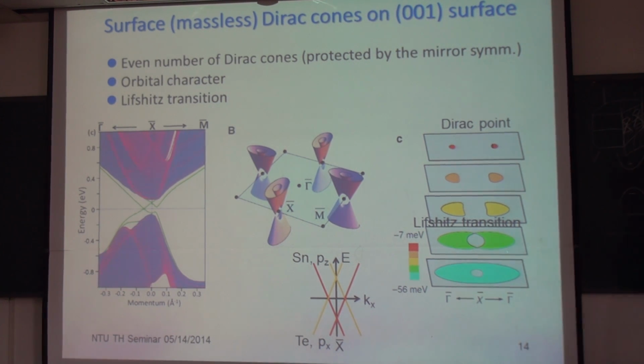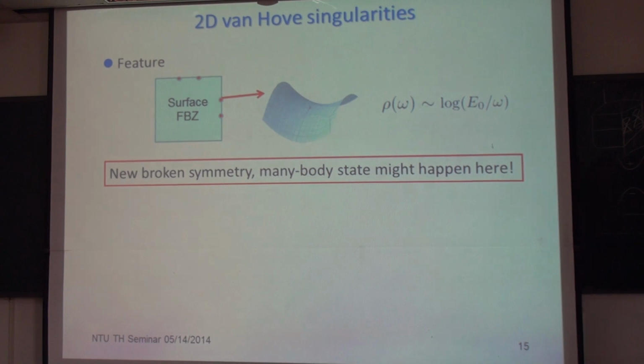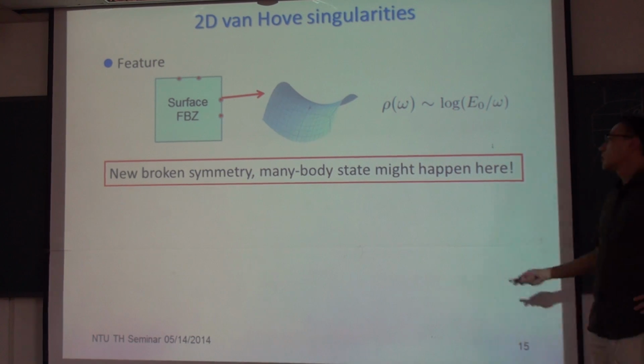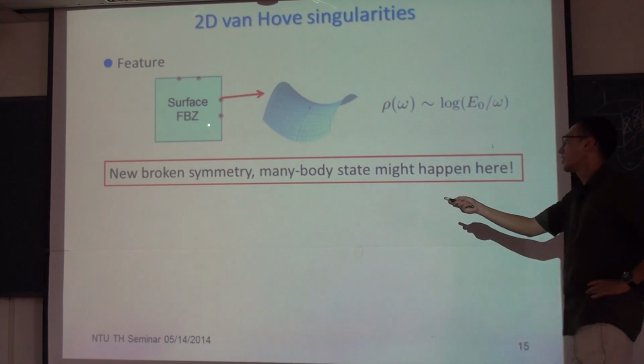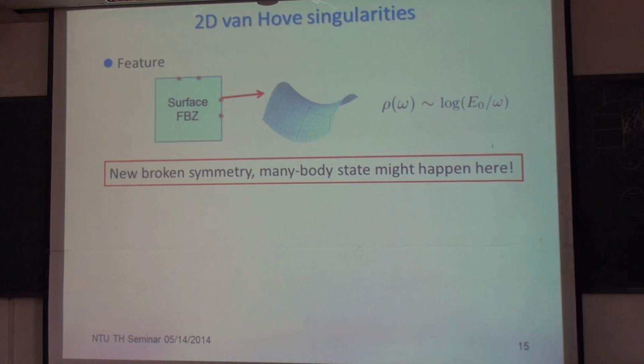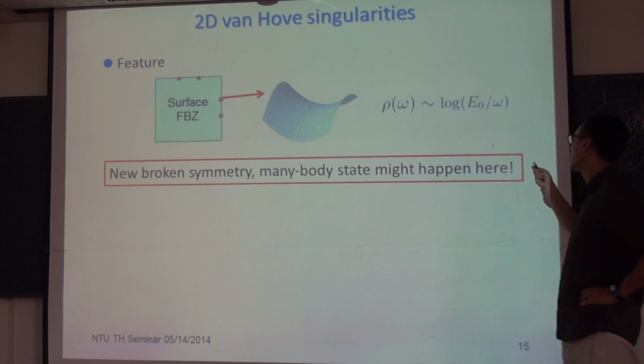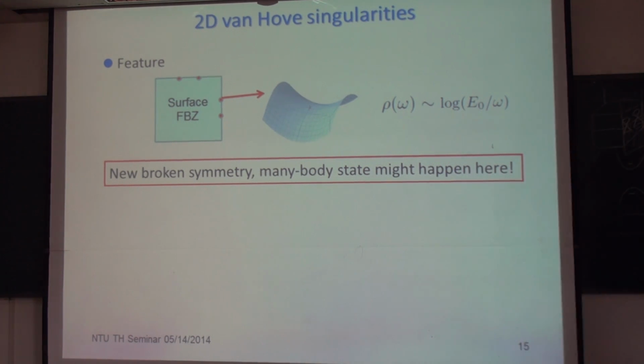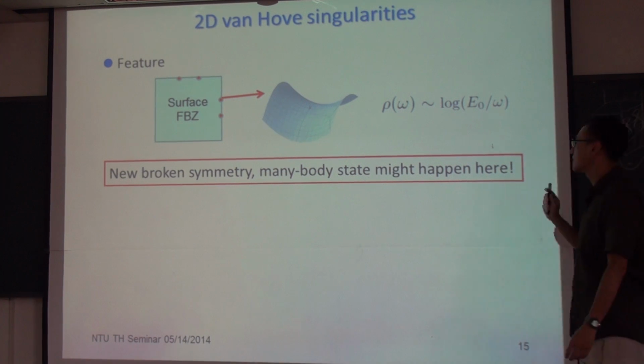So why is this important? I think this is important in the following sense, because in this case, the Lifshitz point is actually a saddle point of the system. And as we know, in this system we have four equivalent saddle points at the Lifshitz point, and it's significant because, as a saddle point, the density of states is actually log divergent at this point.